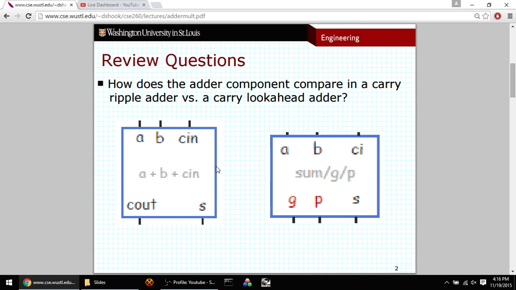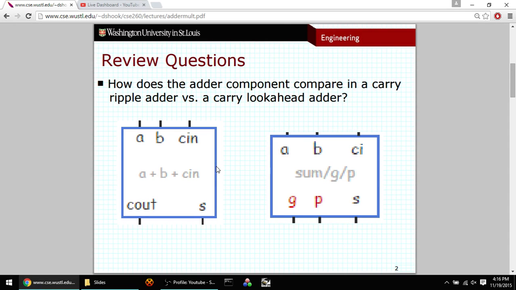I'm creating a carryout bit. Okay. What is P for then? P stands for propagate. That means if I have a carry bit coming in, I'm going to pass it along to the next guy. So what was the equation for P?